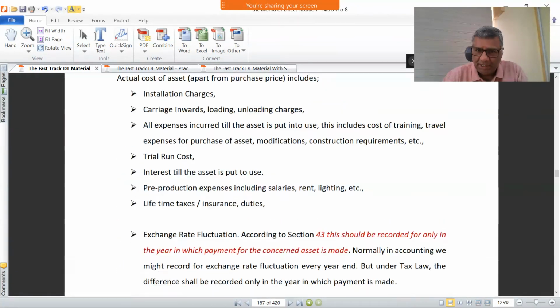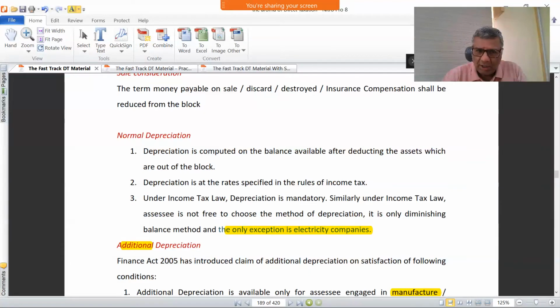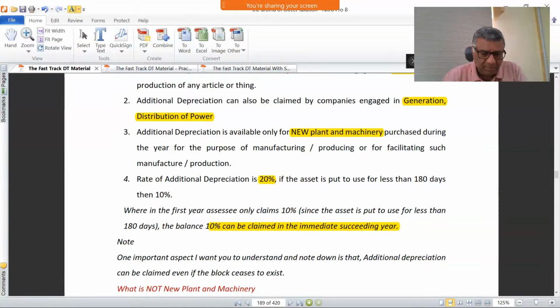I'll come to additions as a separate area. Can you quickly read these things?